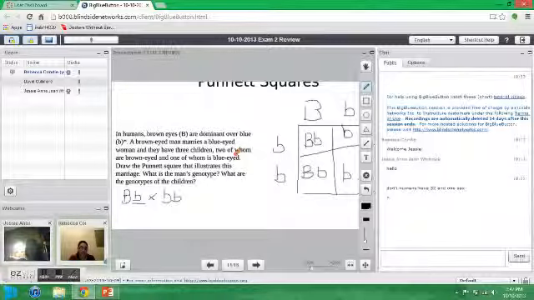What's the genotypes of their brown-eyed children? Big B, little b. I agree. So big B and little b. That's what they have to have.